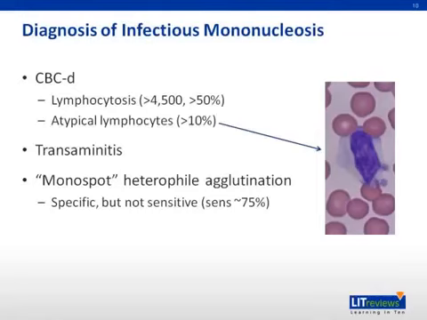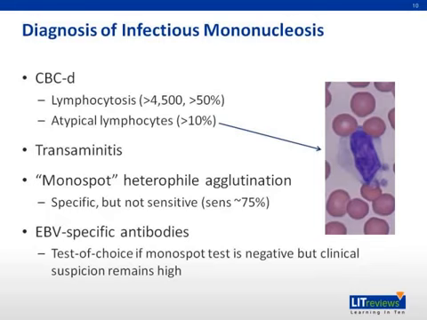It picks up only about 75% of cases, leaving 25% of patients with a negative diagnosis were you to stop here. So while all patients get a CBC with differential, a transaminitis test, and a monospot, if the monospot is negative and you have a high suspicion for mono, you would still want to order the EBV-specific antibody panel. This is what's going to pick up that remaining 25% of patients.